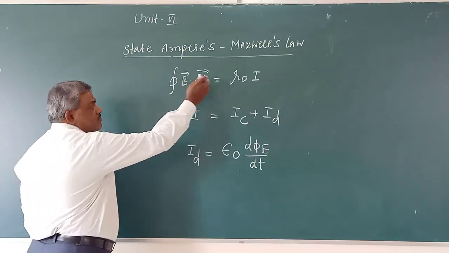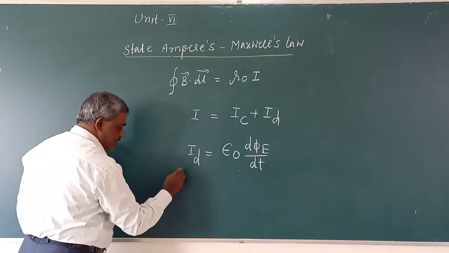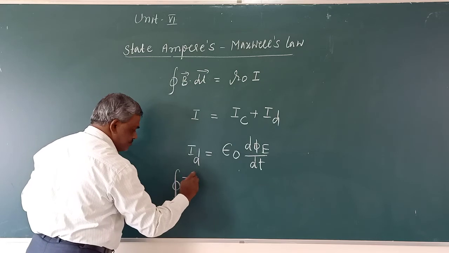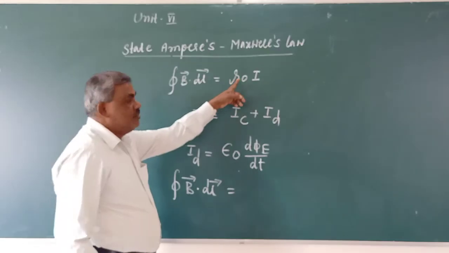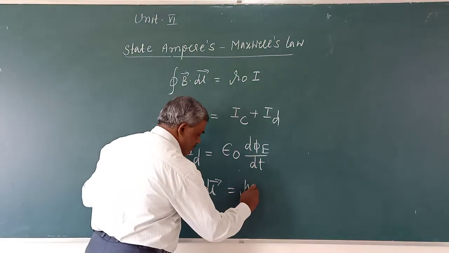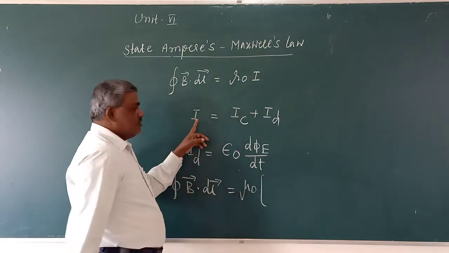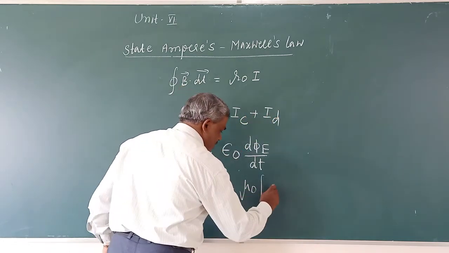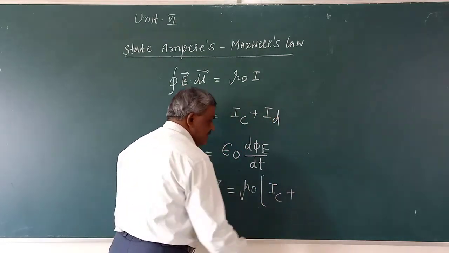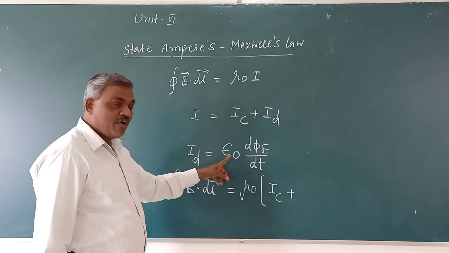Now Ampere's Maxwell law: the line integral B dl equals what? Mu naught times I. And I equals what? IC plus ID. But ID equals what?